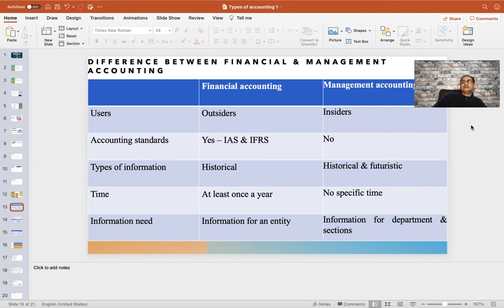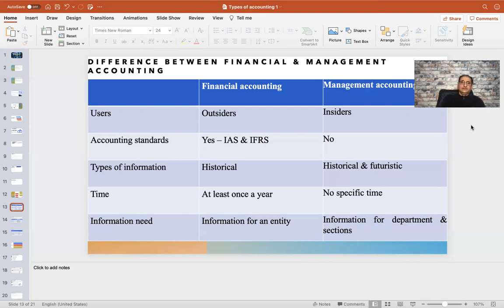So these financial statements provide historical information for the last accounting year, while management accounting reports provide historical as well as futuristic information. If you remember the last example, managers need to plan and set the targets. Normally, these plans are prepared in the form of budgets, and the targets are set in these budgets. So these budgets are providing the information for the following accounting year.